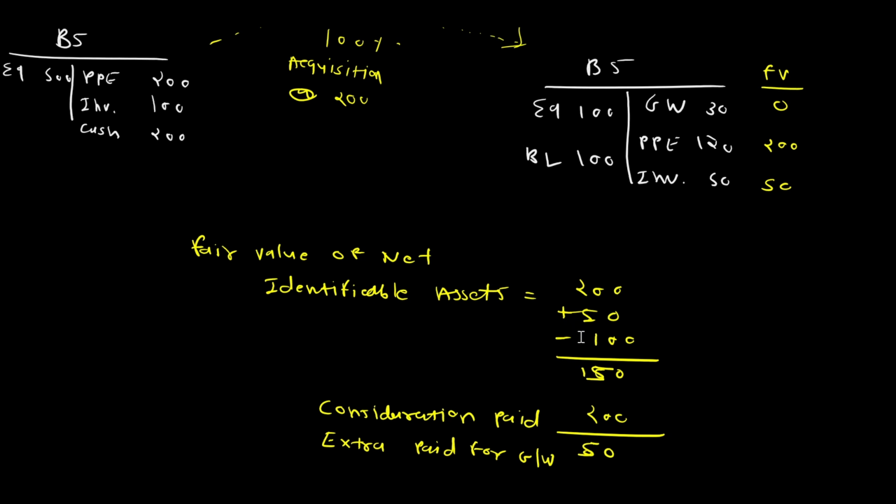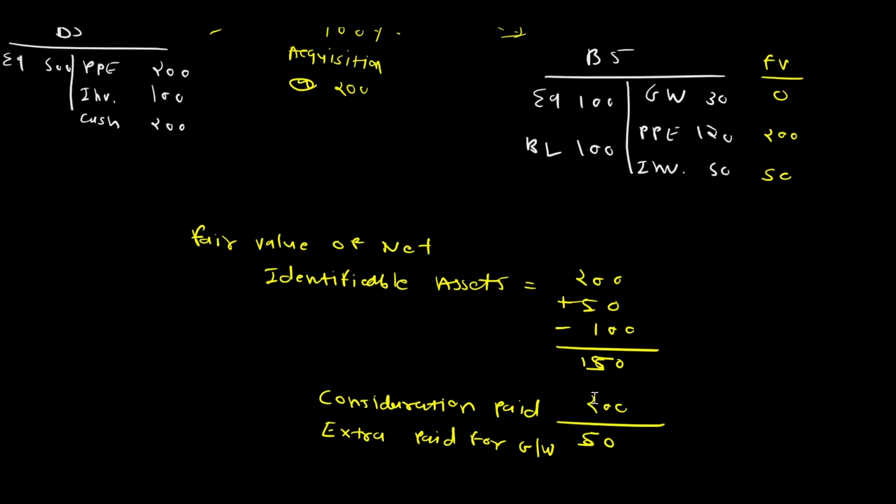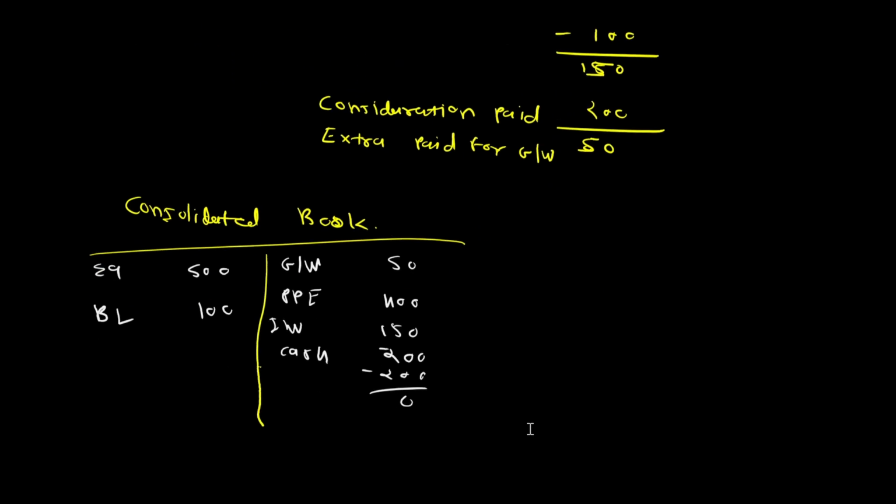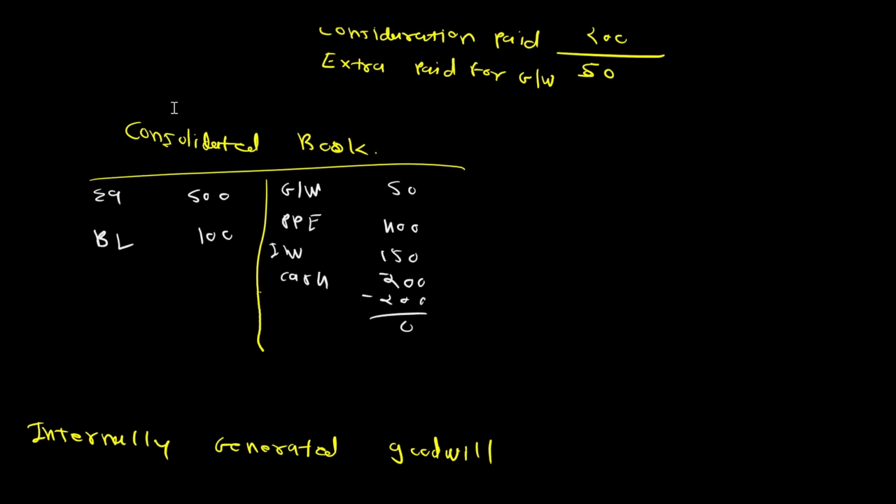It includes factors like brand reputation, customer loyalty, intellectual property, and business relationships that contribute to the company's earning potential beyond its tangible assets. It gives the company some benefits. So now I will report my consolidated books.